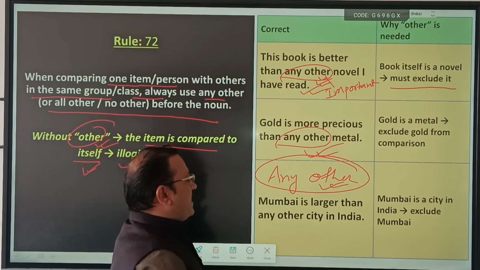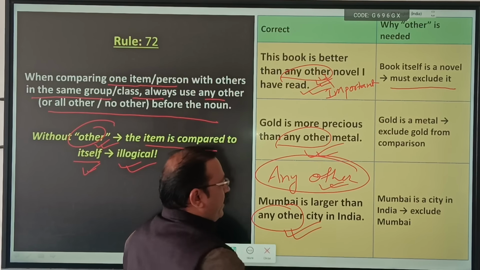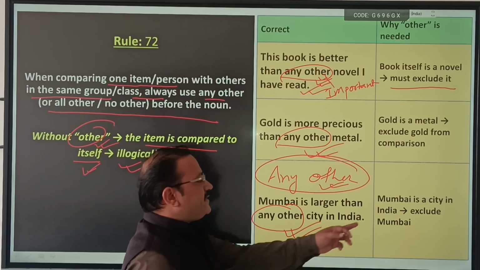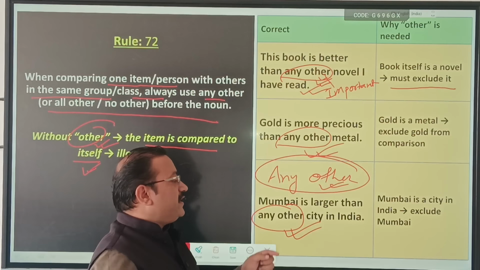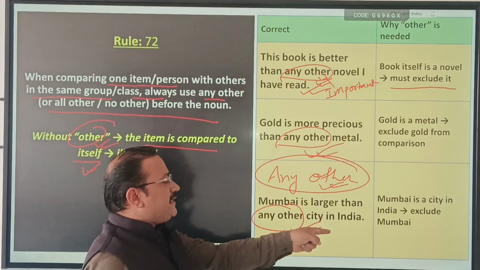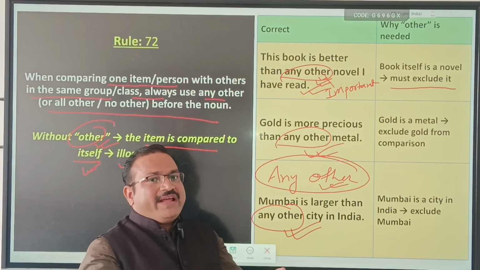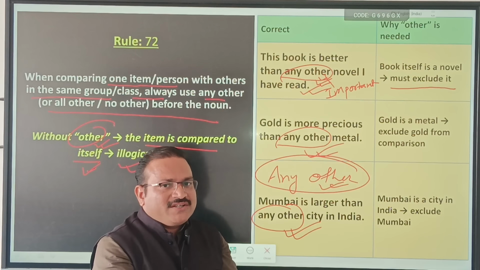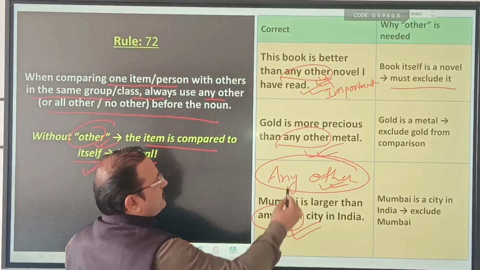Mumbai is larger than any other city. Very important. Why? Mumbai is a city in India, so exclude Mumbai. When comparing Mumbai with what? Other cities in India, Mumbai has to first exclude itself. अपने आप को बाहर निकालना होगा, तभी तो comparison होगा. उसी को बाहर निकालने के लिए we use other everywhere.